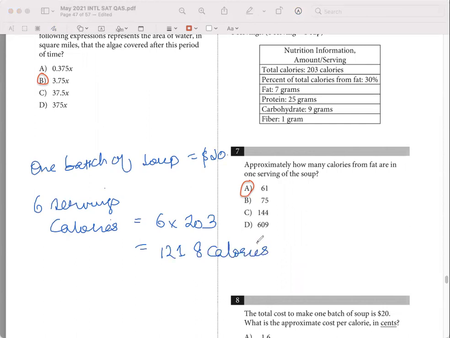Approximate cost per calorie. So that would be $20 divided by 1218 calories. But we want the answer in cents. So we'll convert dollars to cents. So that's 2000 divided by 1218, right? Cost per calorie. Let's plug that in the calculator.